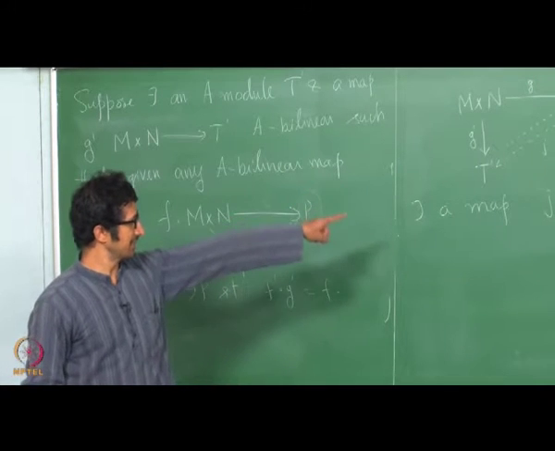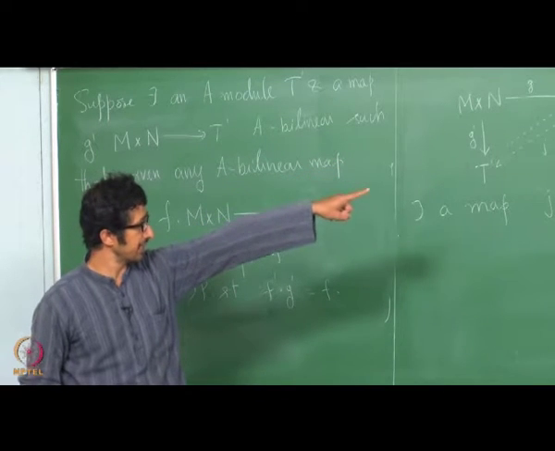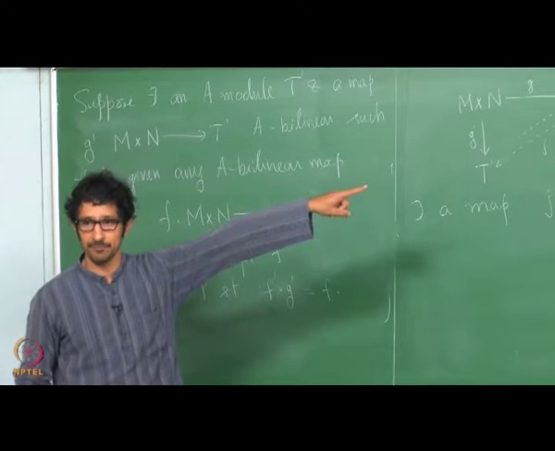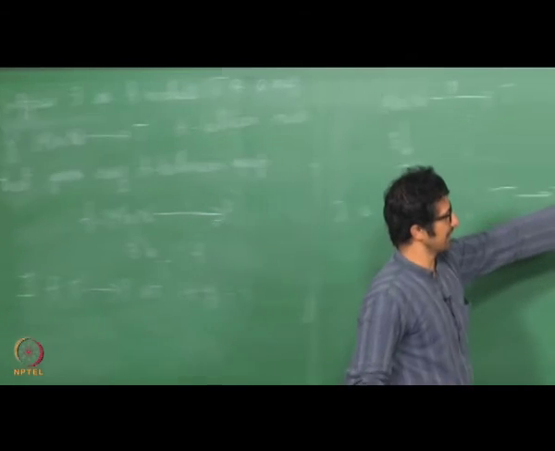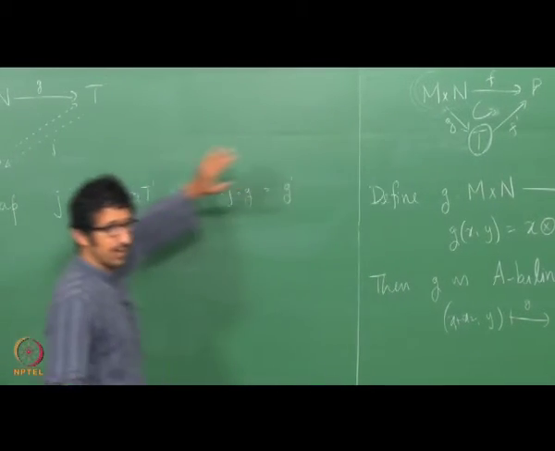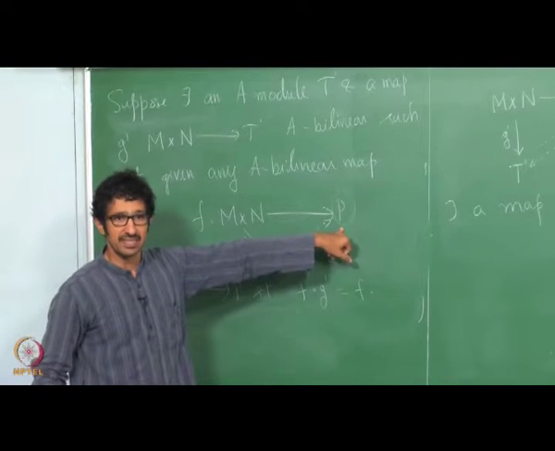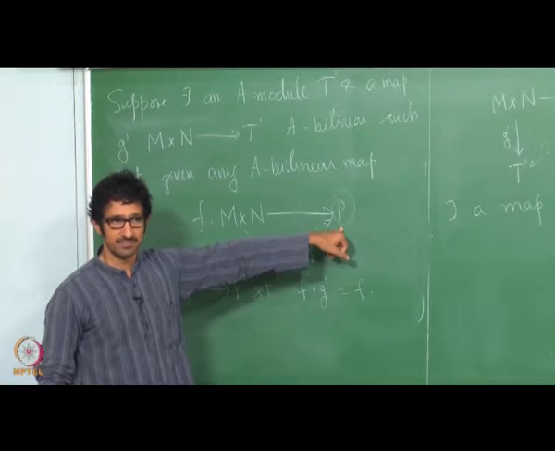We obtain this map J by taking T and P equal to T prime in this diagram. Now take P equal to T in this diagram.